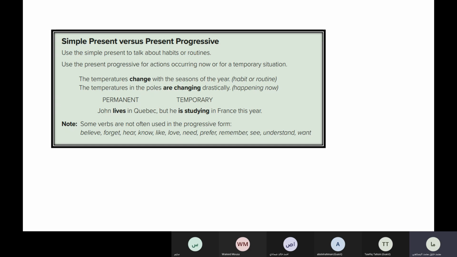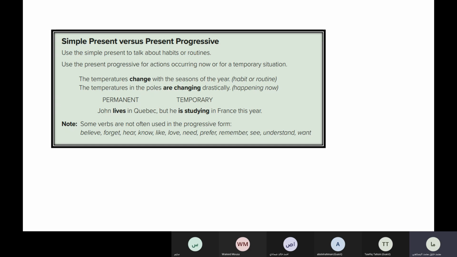When we say, for example, John lives in a city, he lives there. But nowadays, just this year, he's studying in France. So this is about showing the differentiation between simple present and present progressive.